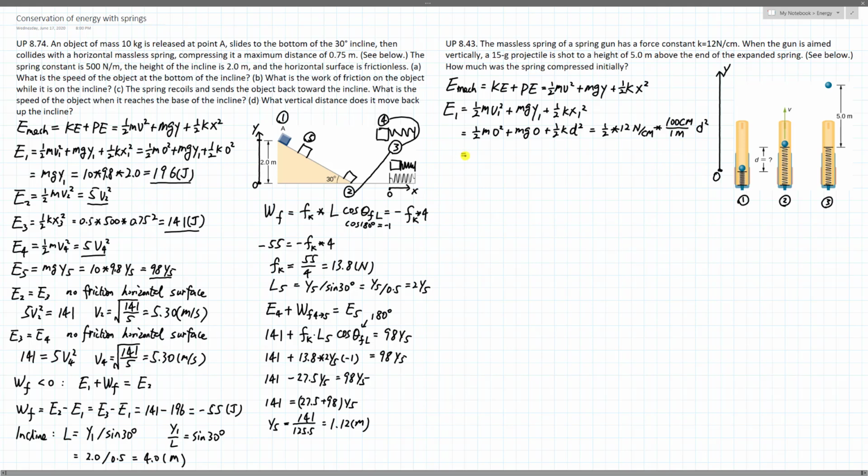So E1 is 1200 divided by 2, 600, times d squared. I know that we also have the newton per meter in unit, but that's okay. We're using all the meters and newtons and joules, so there's no need to mention it at the moment. This whole thing's unit is joule anyway. So now we have this energy, and let's move on to E2.